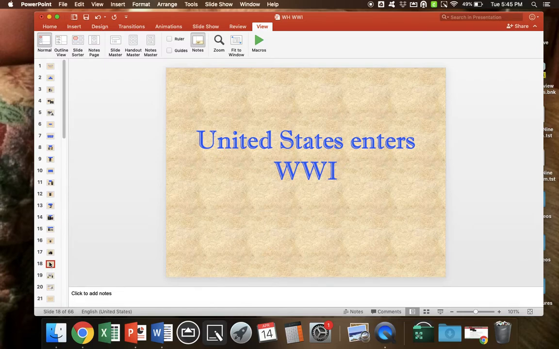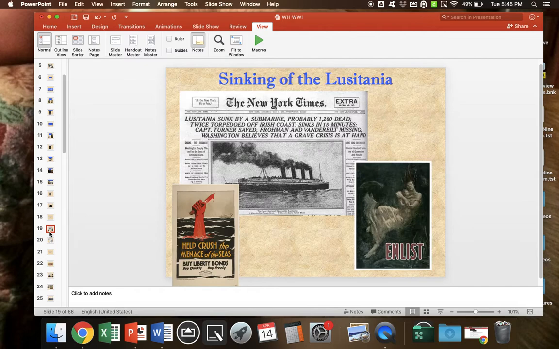So we're going to start with the United States entering into World War I. And hopefully you remember that we enter into World War I mostly because of two things: the sinking of the Lusitania, and you can see a lot of these propaganda posters tied to the Lusitania. They show, on the bottom right-hand side, the female and baby going to their watery grave, and then again a poster on the crush the Huns, the menace of the seas.